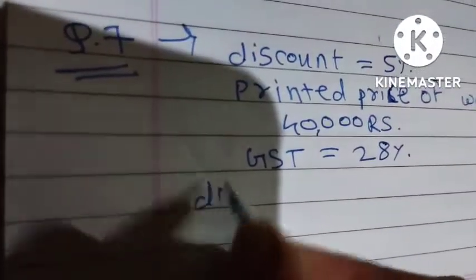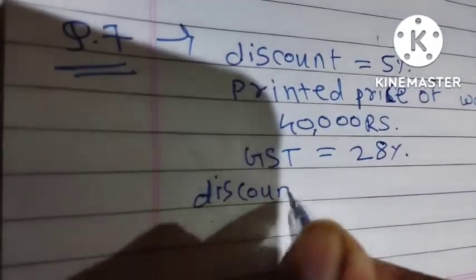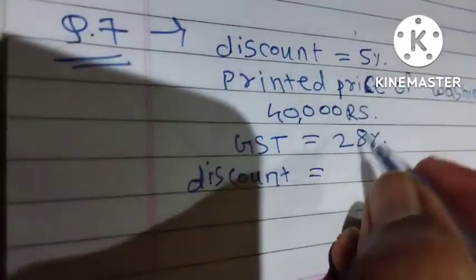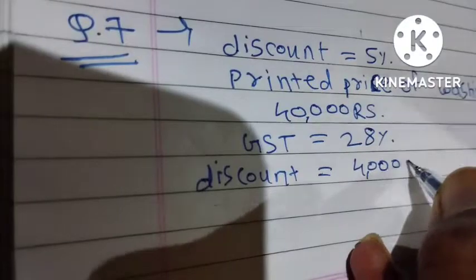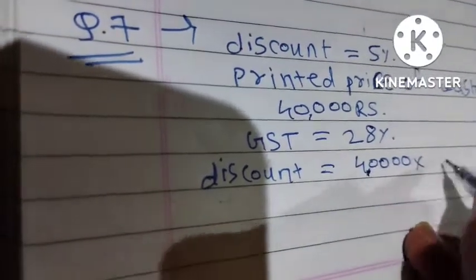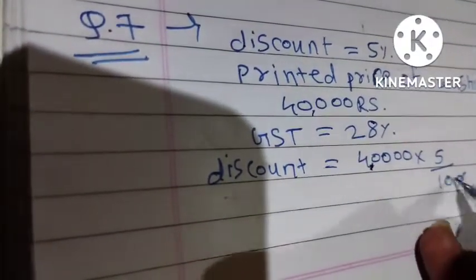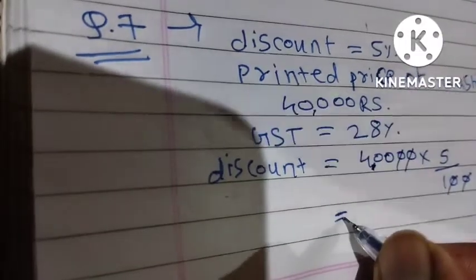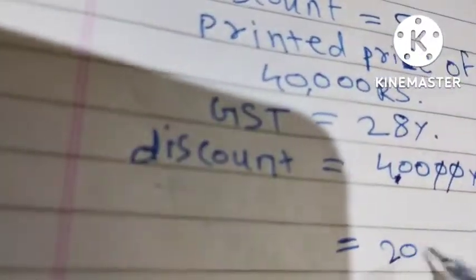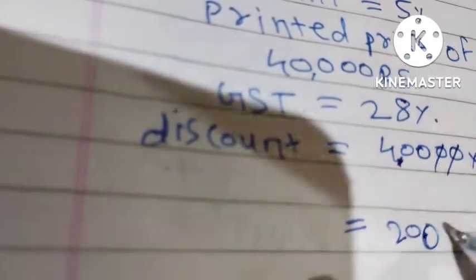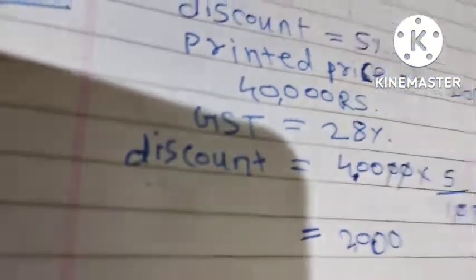So the discount is equal to 40,000 rupees into 5 upon 100. Five twenties are 100, the zeros cancel, the answer will be 2,000.